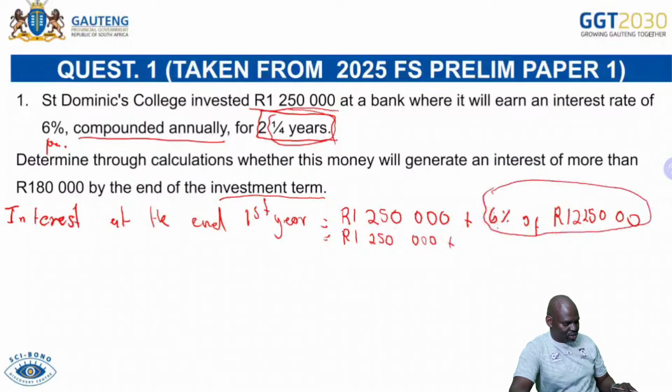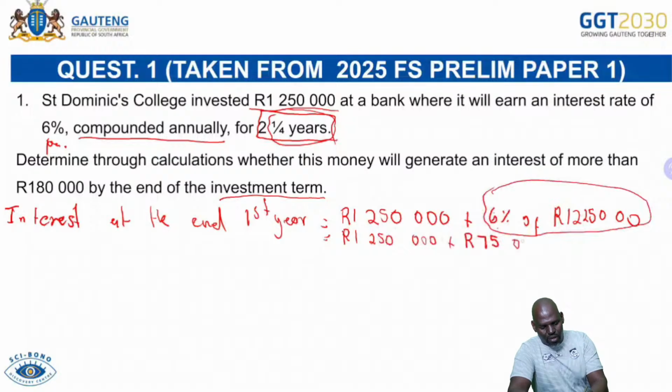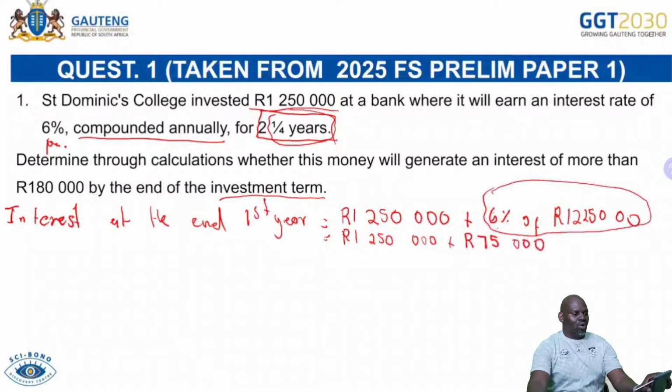So 1,250,000 multiplied by 6 over 100. This is what I'm getting: 75,000. So 6% of 1,250,000, I get 75,000.